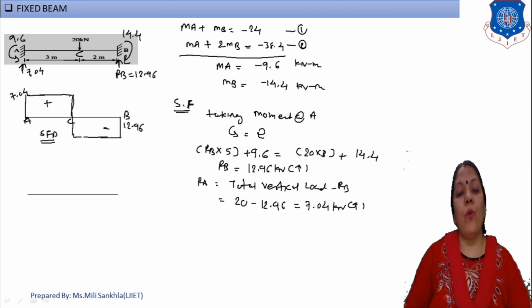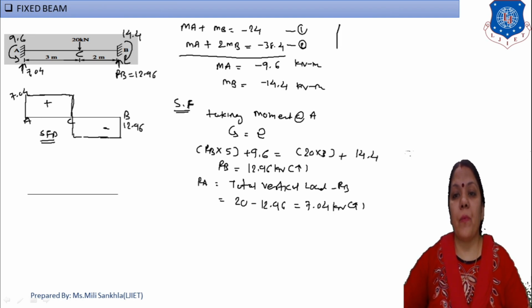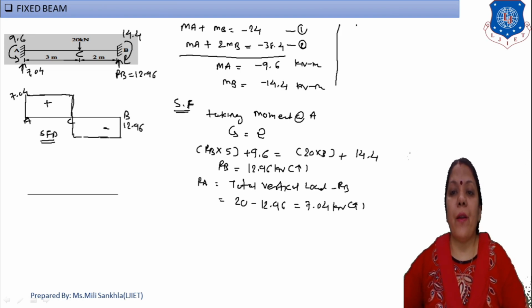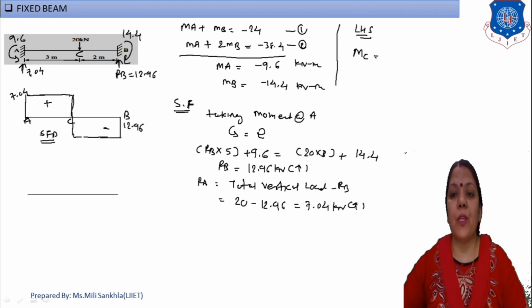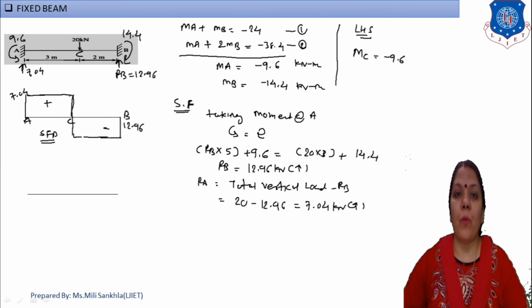Okay, now with the moment at A and the moment at B known, we find the moment at C. For that, we find the moment at C from the left hand side. The moment at C is equal to: the left hand side moment is anti-clockwise, so minus, and the support reaction rotates clockwise, that means left hand side clockwise, plus 7.04 into 3.